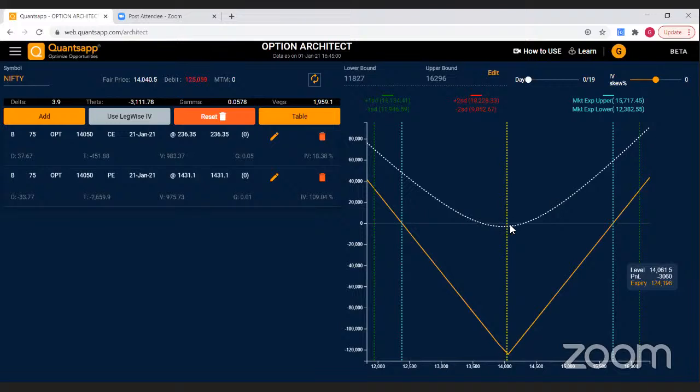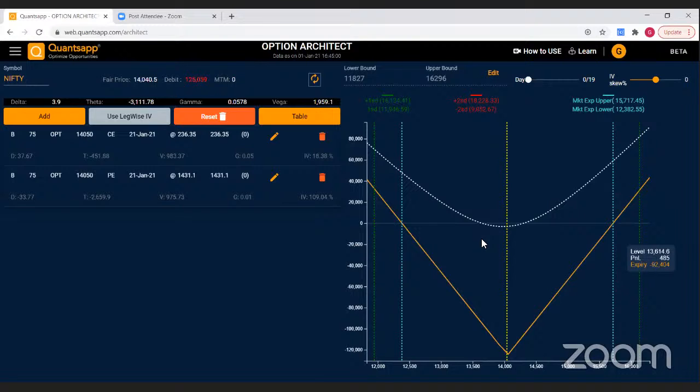So now this is my orange line, which is telling me, this is going to be my payoff. I have made a strategy which requires a lot of movement.